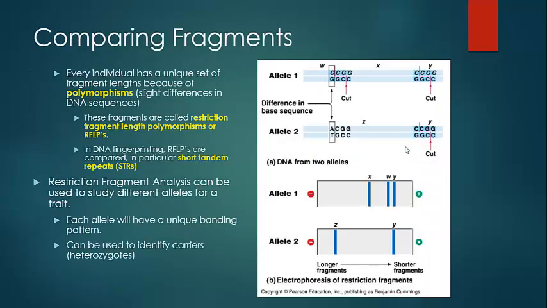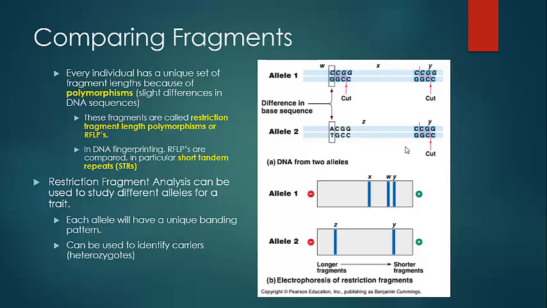Every individual, when their DNA is cut using a restriction enzyme, is going to create fragments of slightly different lengths. This is because of polymorphisms. Polymorphisms are slight differences in DNA sequences from individual to individual.